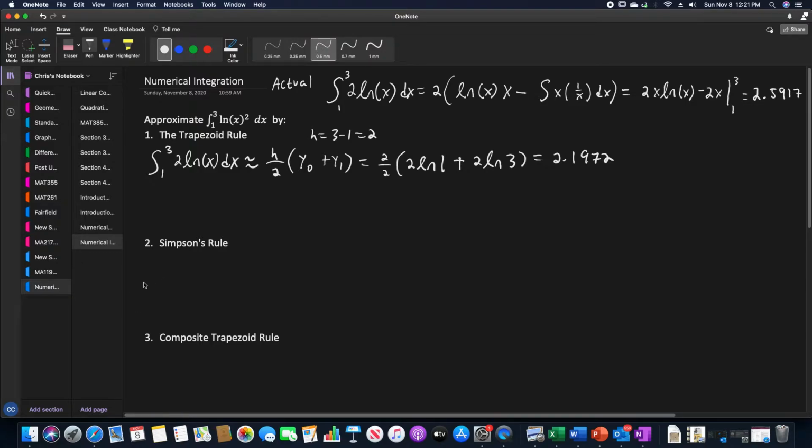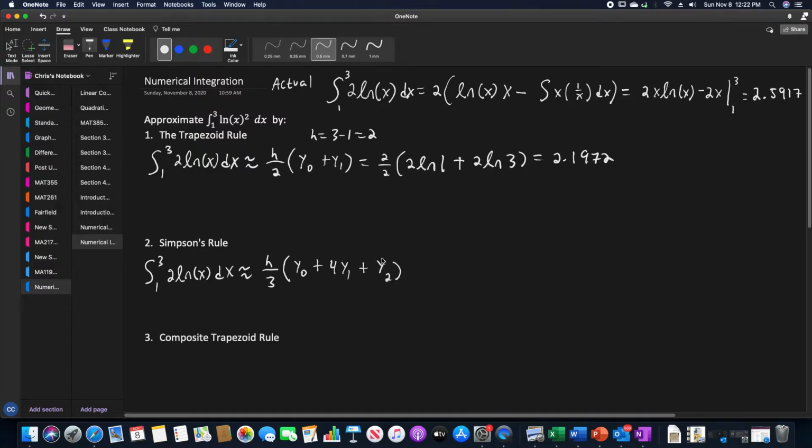The second one I have here is Simpson's rule. So this approximation of the integral between 1 to 3 of 2 times the natural log of x dx will be approximated by h over 3 this time times y sub 0 plus 4y sub 1 plus y sub 2.